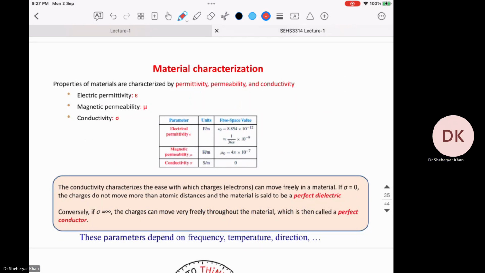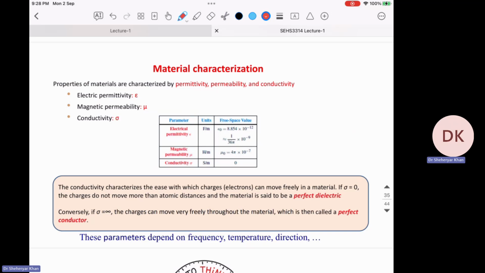Now you see we have three different characteristics. One is permittivity, how good the material is at supporting the flow of electric field. That's used in capacitance cases. Remember, I gave you the example of the power line separated from the pole.